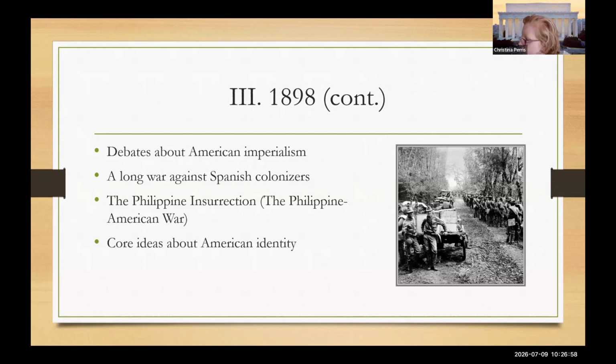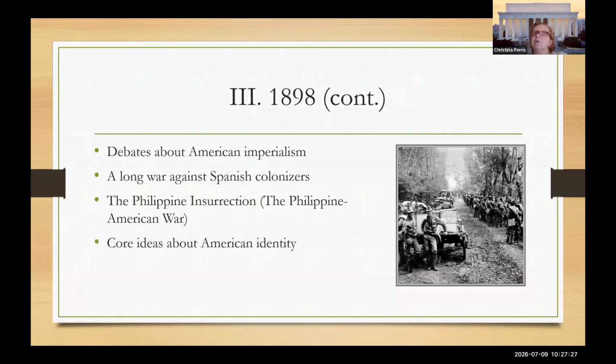Emilio Aguinaldo was inaugurated as president of the First Philippine Republic, or Malolos Republic, in late July 1899. Fighting between American and Philippine forces began in early February, and in April 1899, Congress ratified the 1898 Treaty of Paris, which concluded the Spanish-American War and gave Spain 20 million in exchange for the Philippine Islands.